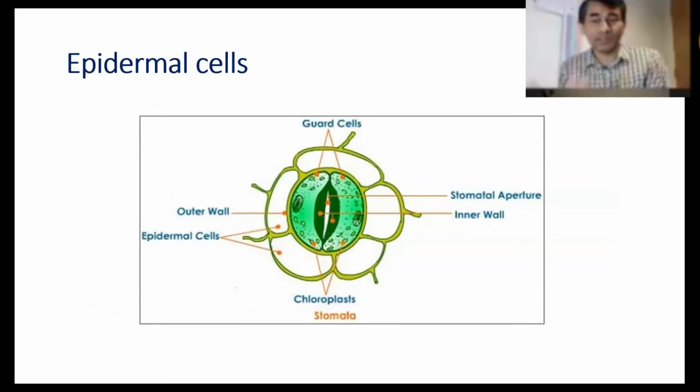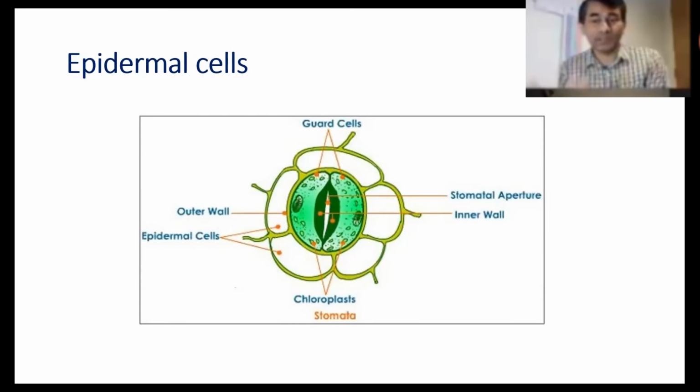Stoma means opening, mouth opening, and it has two bean-shaped, kidney-shaped cells. They are called guard cells. So these bean-shaped cells can tighten and close the stoma, or they can relax and open the stoma. So this is a mouth-like opening into the epidermal cell layer.